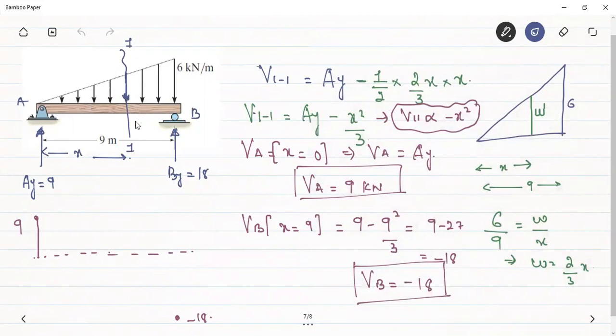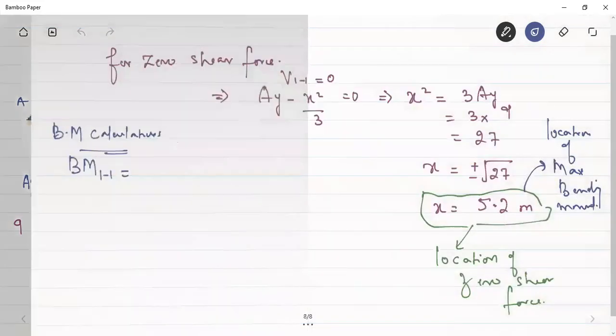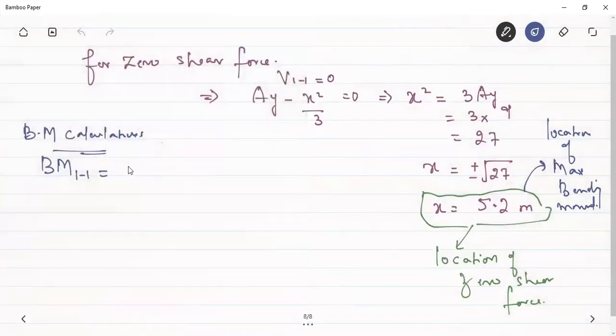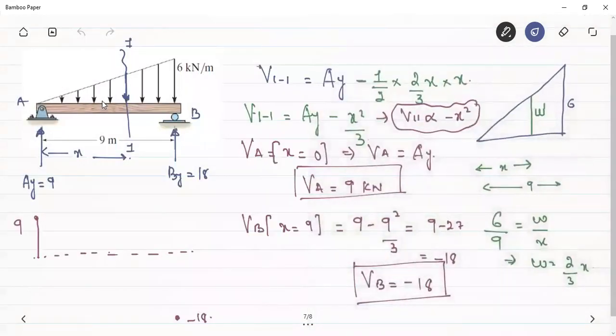Therefore, this has to be treated as positive, that is, sagging bending moment. So Ay into x. And this transverse load in the downward direction, that is this UVL, is going to create an anti-clockwise moment about section 1-1, and from the left hand side of the section, anti-clockwise bending moments are taken to be negative.